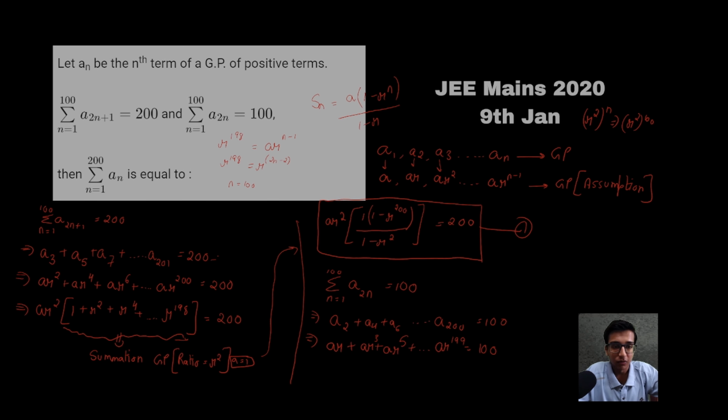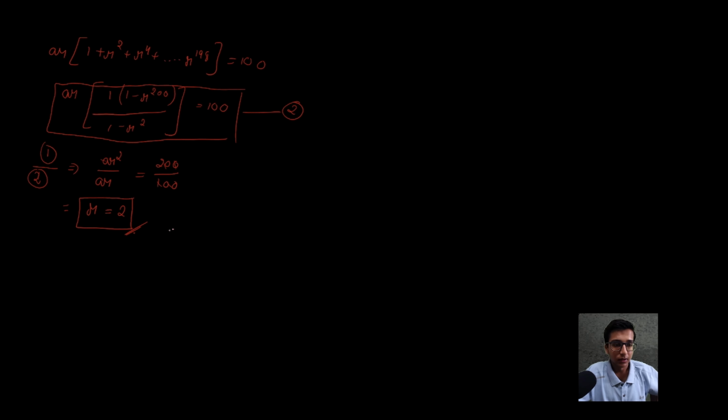What has been given and what we need to find out, let's check that. We need to find out the summation of n is equal to 1 up till 200 a n. So this can be written as a1 plus a2 plus a3 plus a4 up till a200.